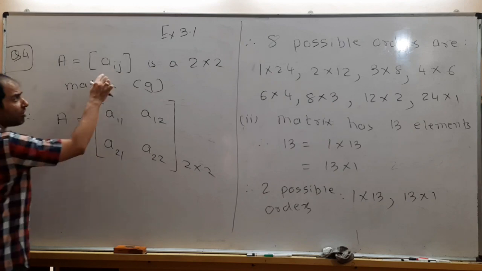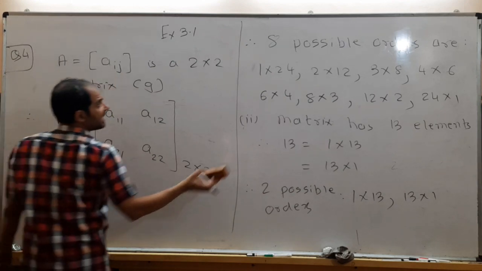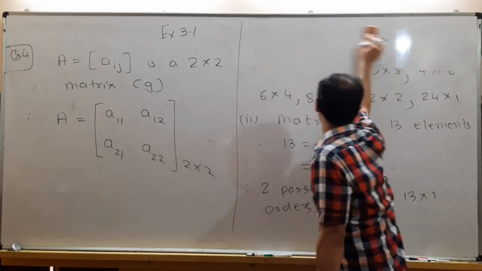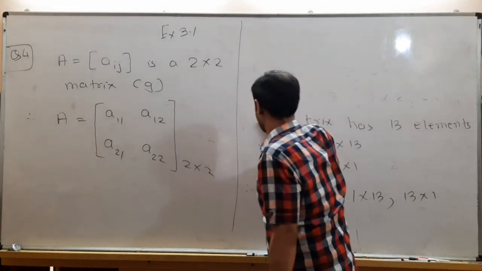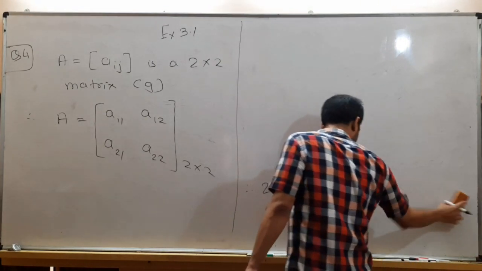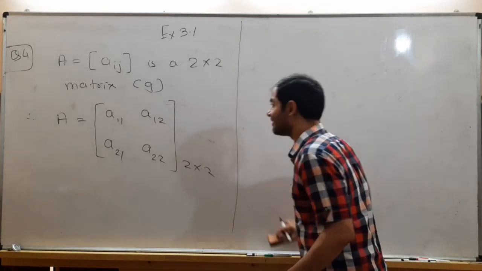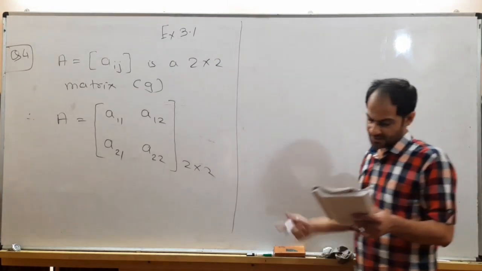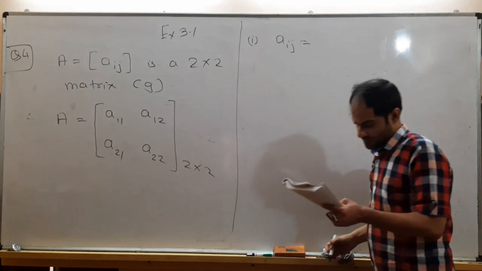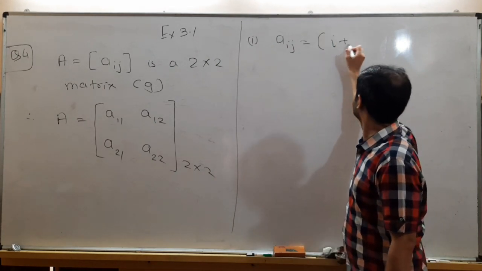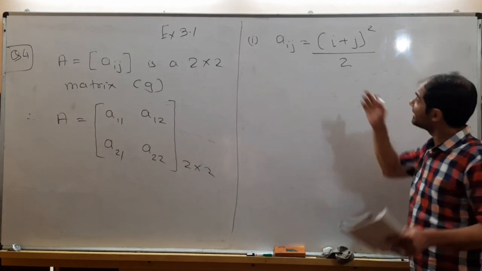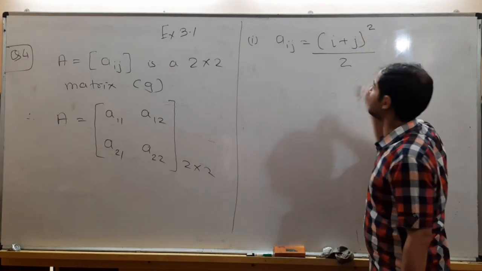Now they have given the formula for Aij, and based on that formula we have to construct the matrix. In the first case, the formula given is Aij is equal to (i plus j) the whole square by 2.